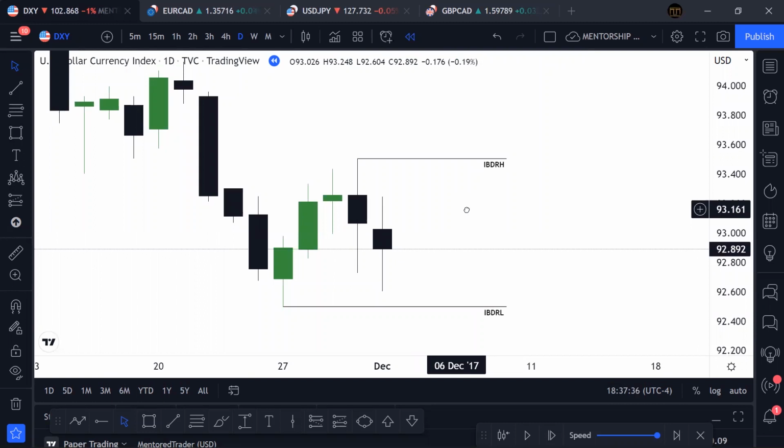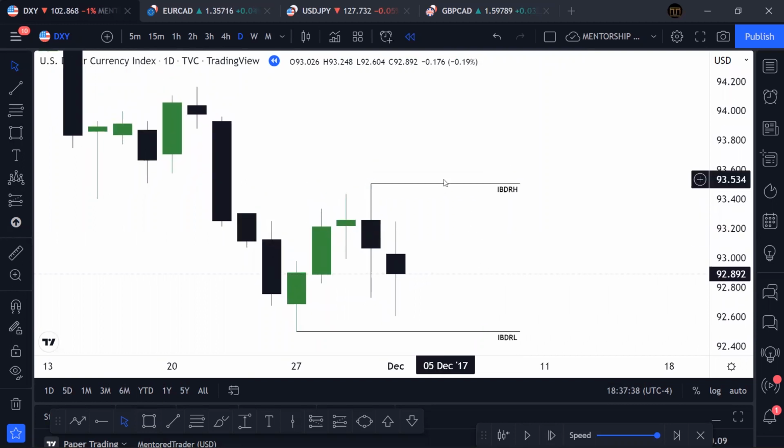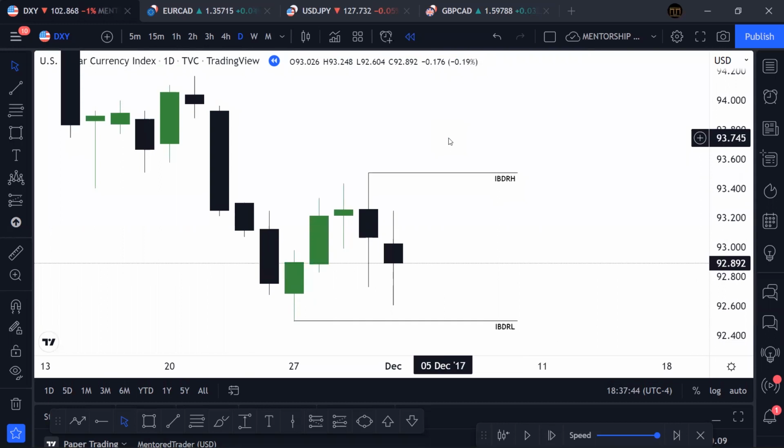So if they break the swing high, where will my next take profit be? Now, why am I looking at a buy here? Let me show you something funny. Every time price comes to this candle, just like I told you earlier, it keeps being rejected.